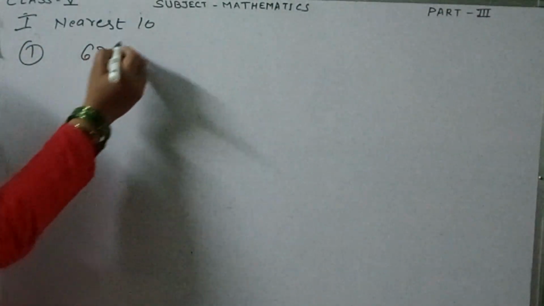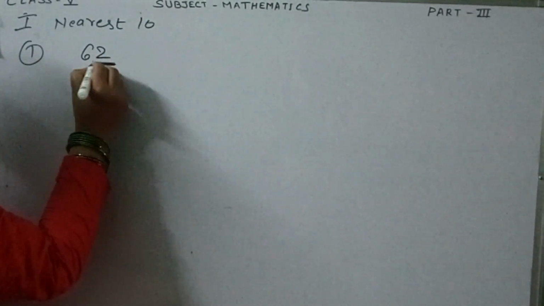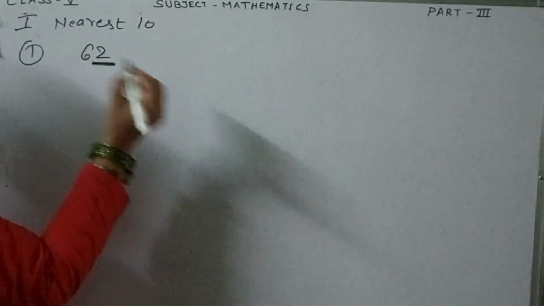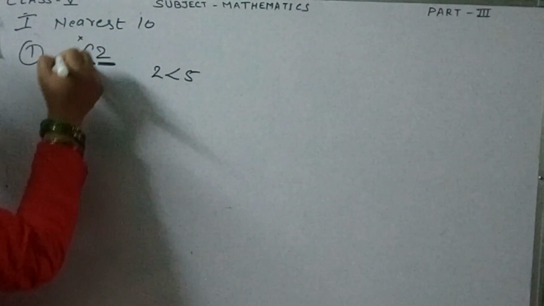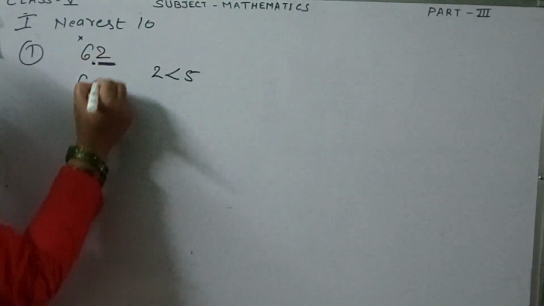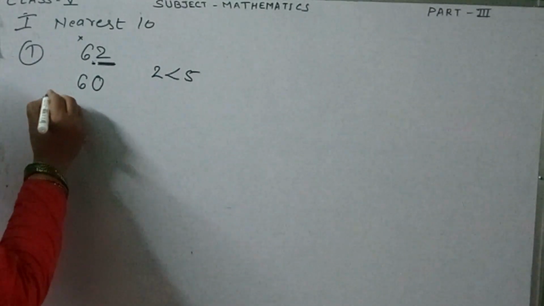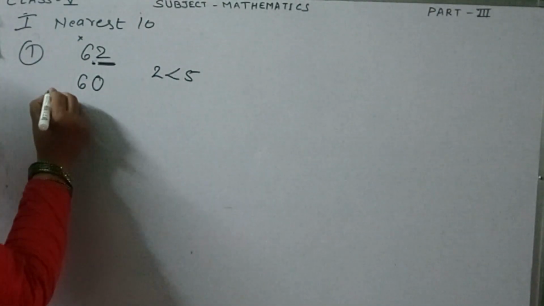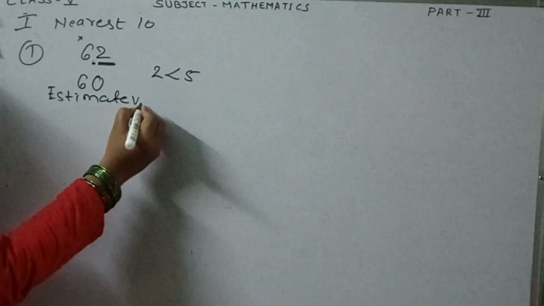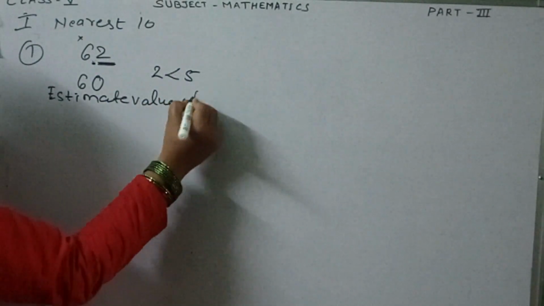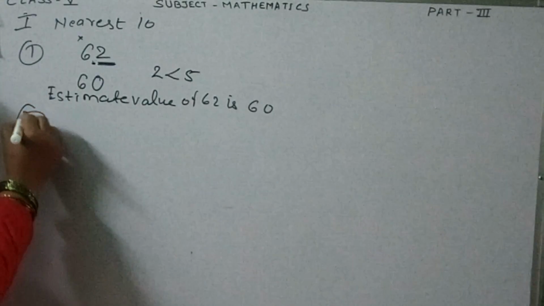In case of nearest 10, what I told, you have to check the ones value and compare with 5. 2 is less than 5, so no need to add anything, simply you write 6 and here you put the 0. So the estimate value of 62 is 60. That is your answer.